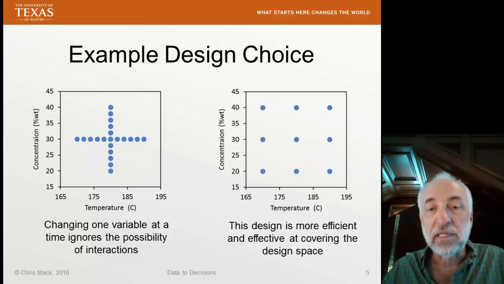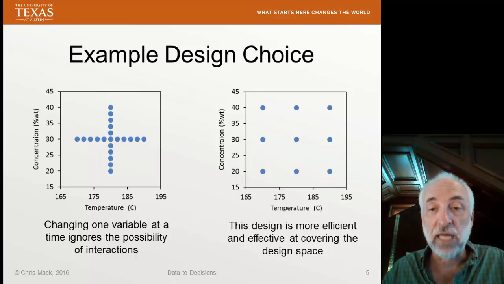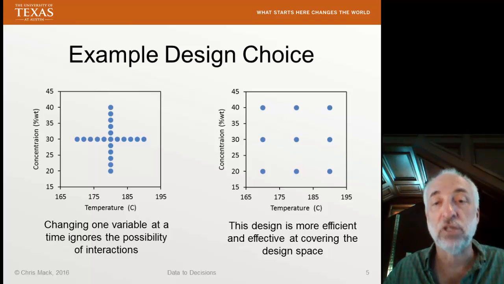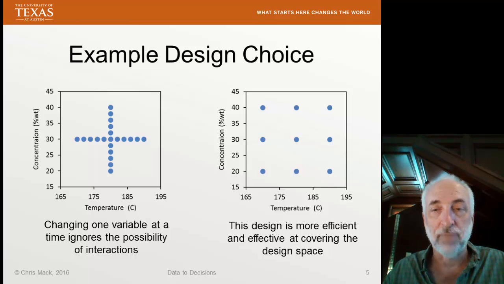A design that varies both temperature and concentration simultaneously can be both more efficient and provide some measurement of the interactions between these parameters. So that's what design of experiments is really all about, getting out of the one at a time variable change approach that is a hallmark of very simple ideas about experimental design.